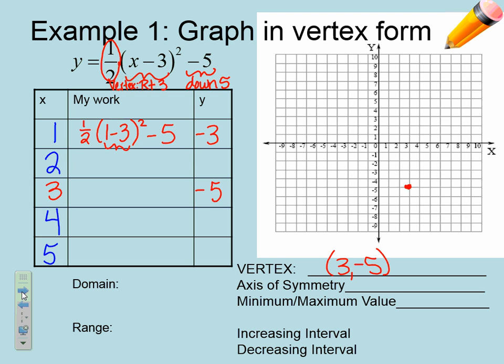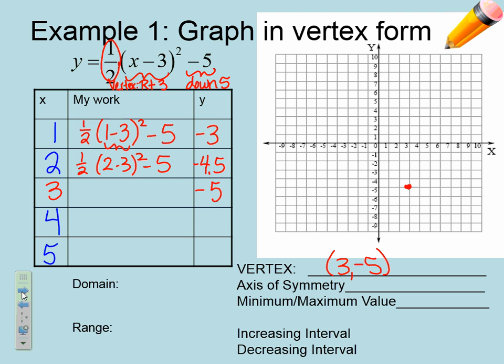And if I plug in a 2, 2 minus 3 is negative 1, squared is 1, times 1/2 is 1/2. 1/2 minus 5 is negative 4.5.